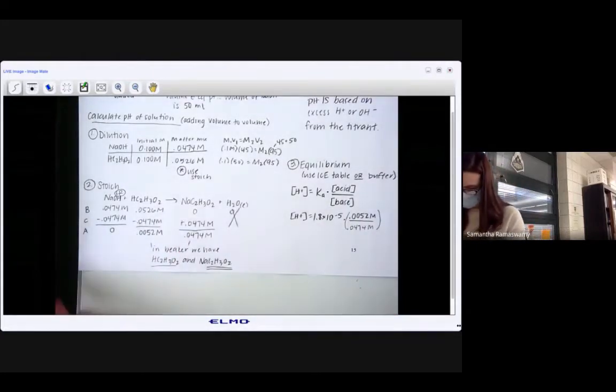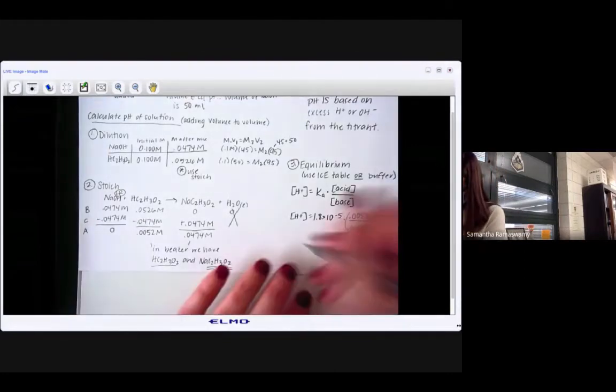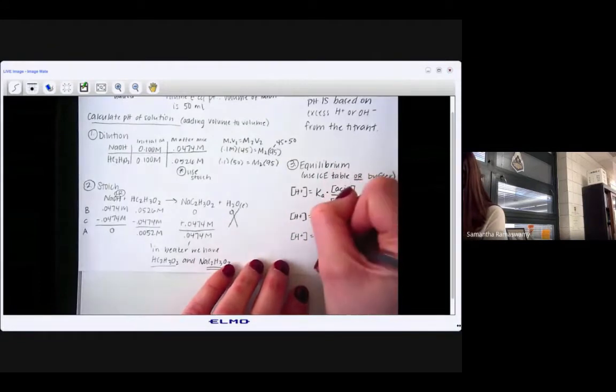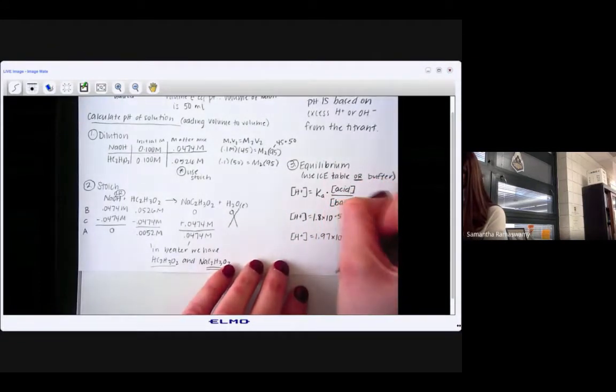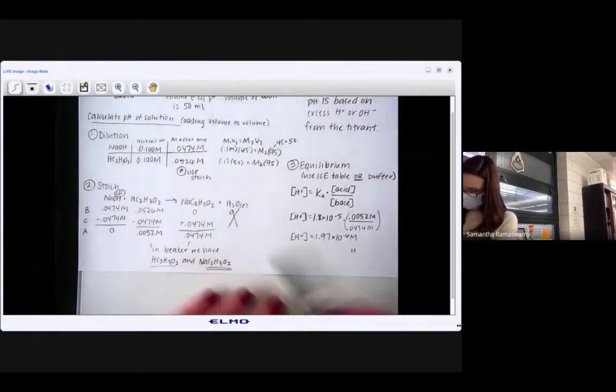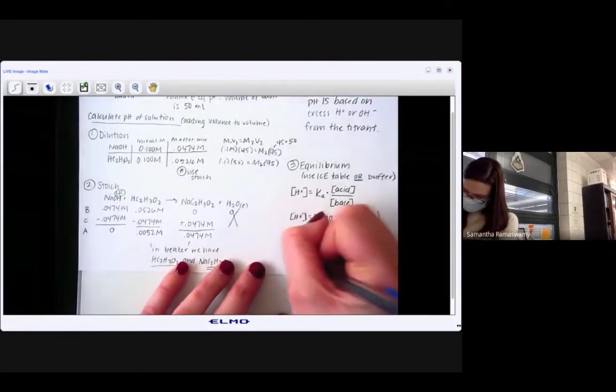So 1.8 E negative 5 times 0.0052 divided by 0.0474. So my H plus concentration is 1.97 times 10 to the negative sixth. The goal of this part was to calculate the pH.